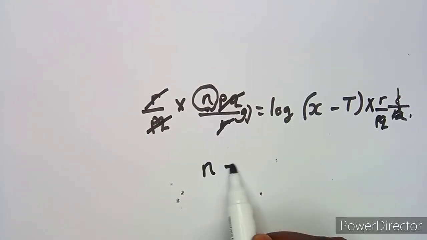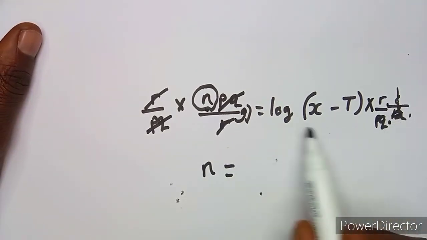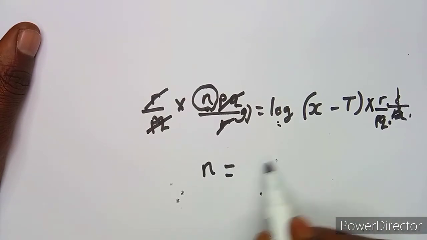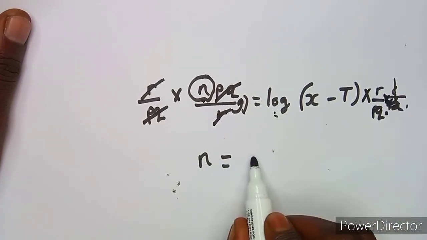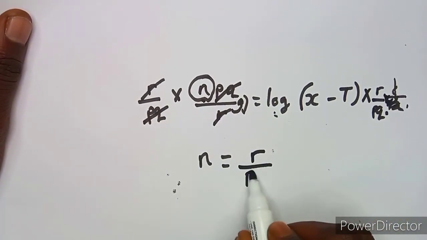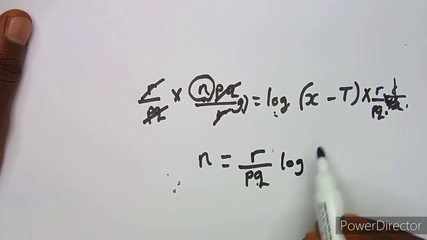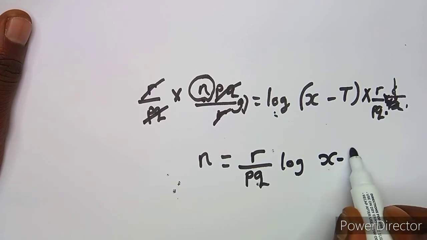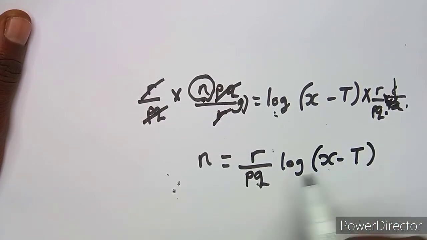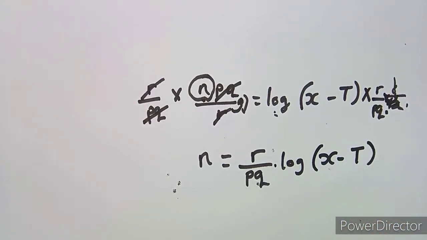So n is equal to r over pq times this, times log. You can just start by writing this, so it's going to be r over pq like this, times log x minus t like this. So actually your n is now the subject of the formula.